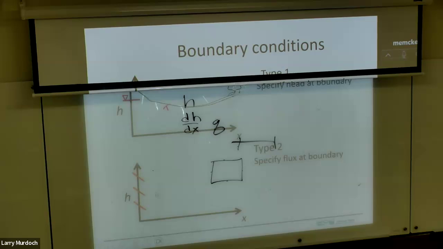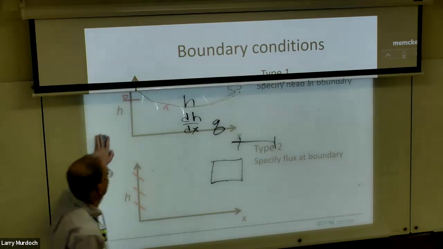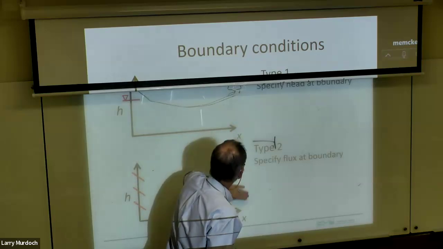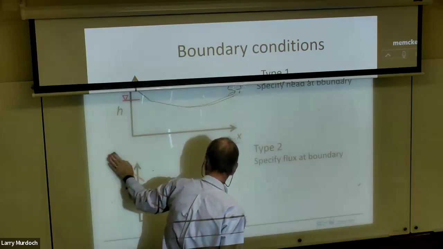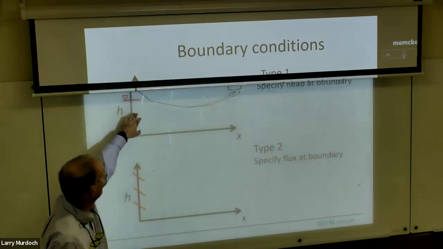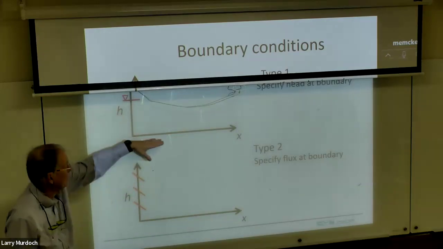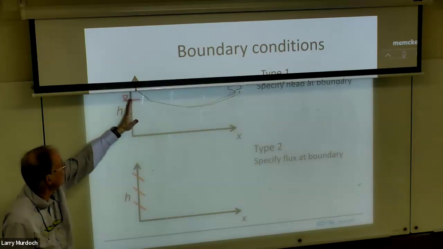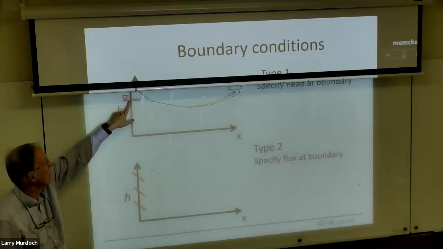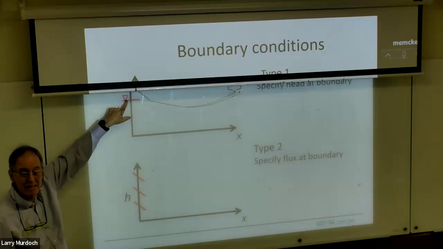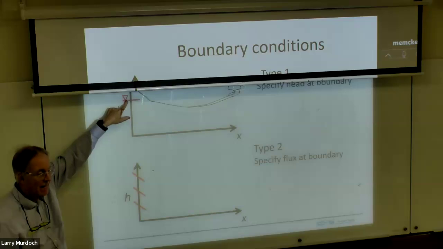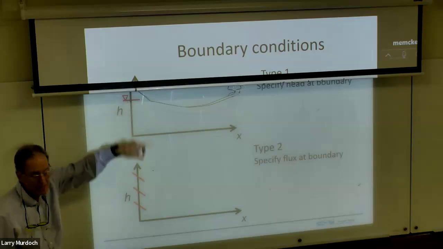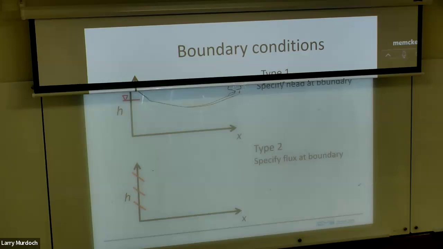All right, so here's what happens when you specify these boundary conditions. For type 1, we specify the hydraulic head. So if this is the problem from 0 to X something, this is a boundary. And if we specify the head, then we say that the head has to be this here. That's what we mean by the boundary condition. So here's what can happen. The head could be like that.